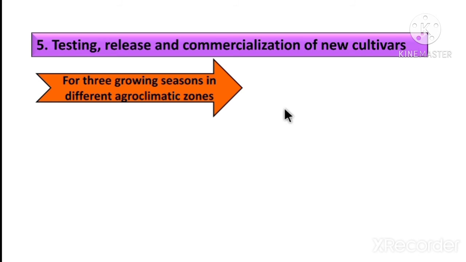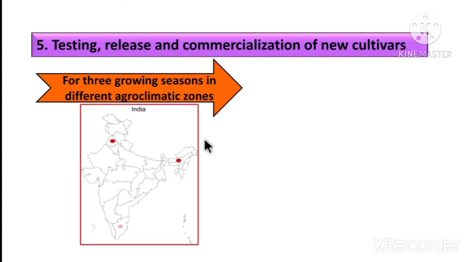After testing just once, the plant is not released into the market, the seed is not released into the market. We are going to test the quality and quantity of the yield of the plant in different zones of the country. Like if we take the example of India, eastern, western, north and south, these 4 different regions will be selected, the plant is grown, and we will study whether it is giving the same benefit or not.